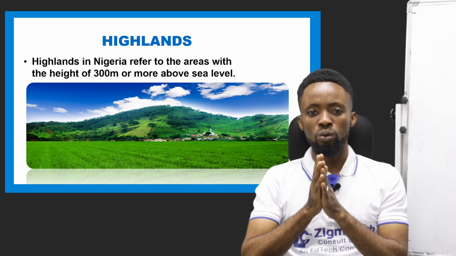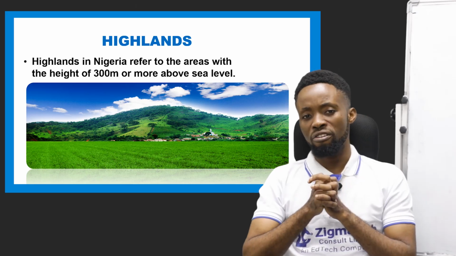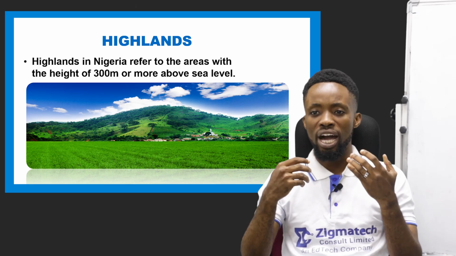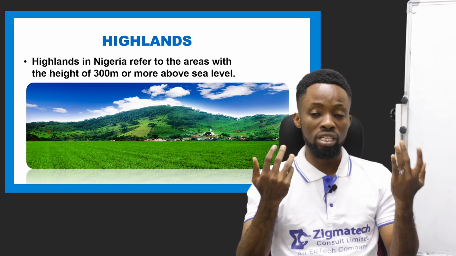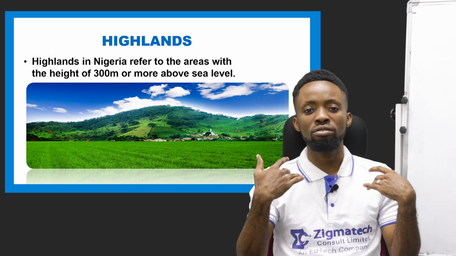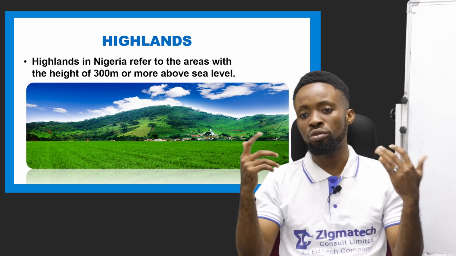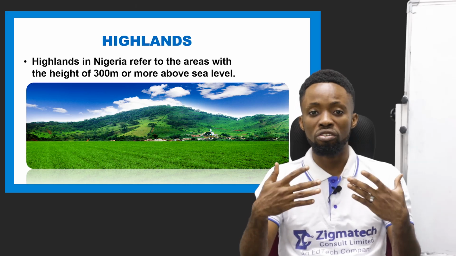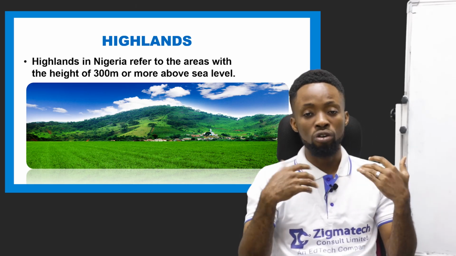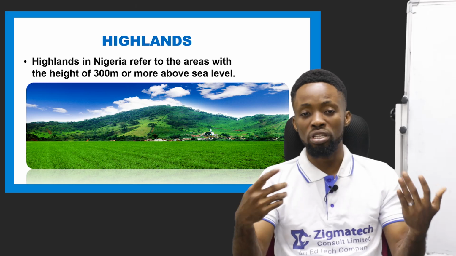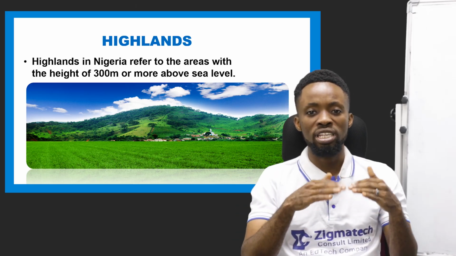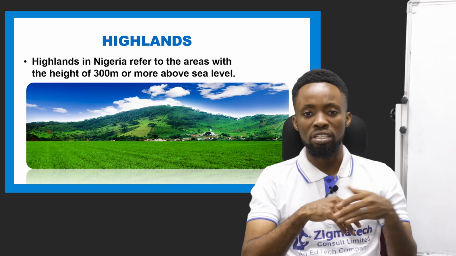When we talk about the highland area, we are talking about places where the height of the land is from 300 meters and above from sea level. So if a place is as high as 300 meters, or 400, or 500, or 1,000, or just beyond 300 meters, that place is classified as a highland area.